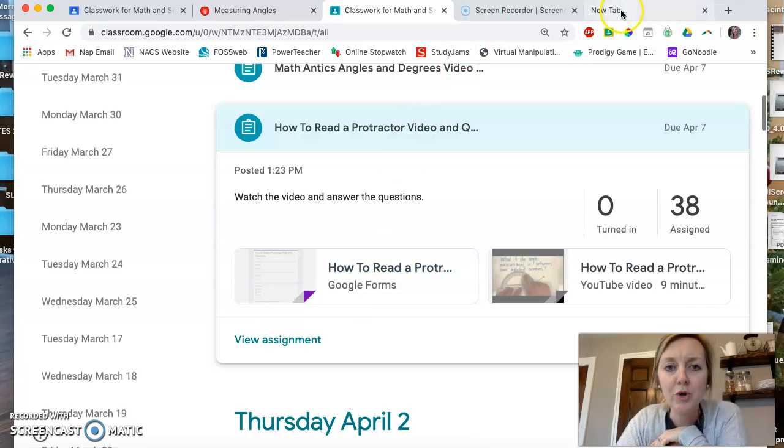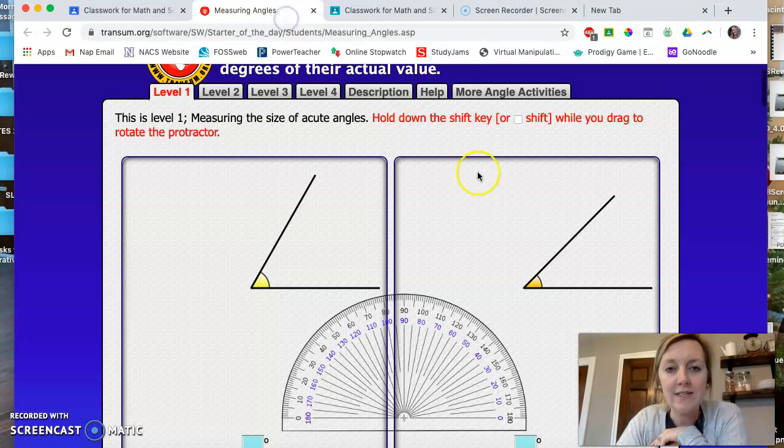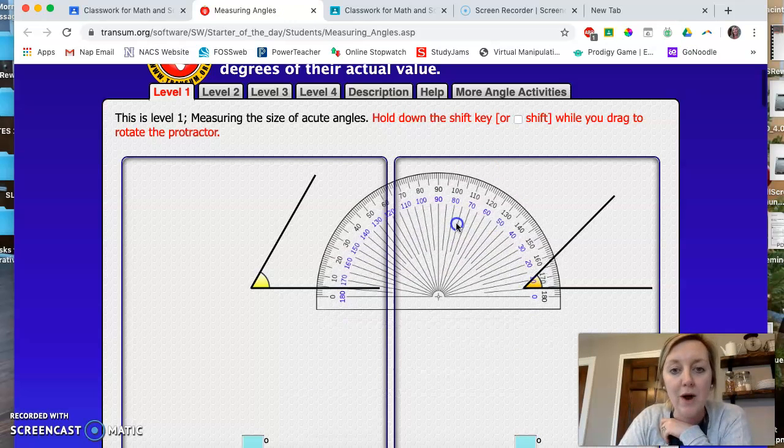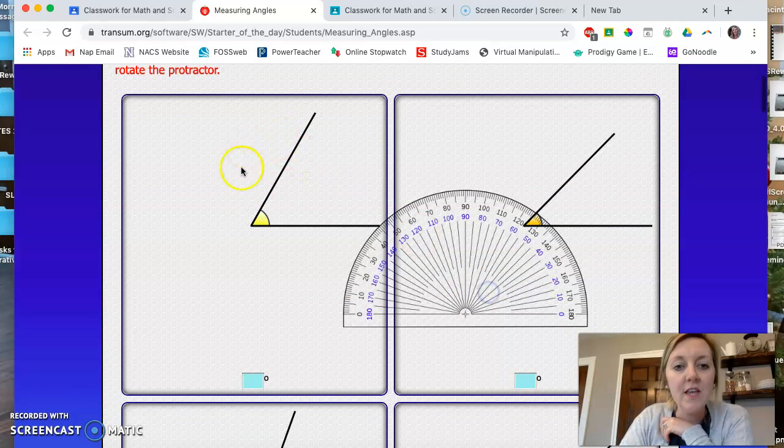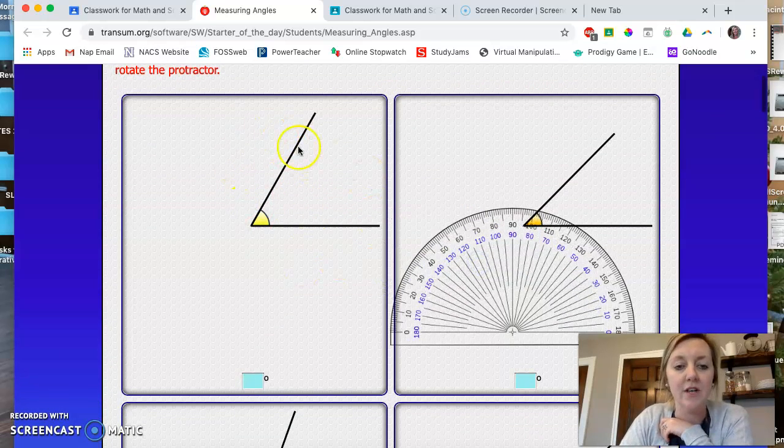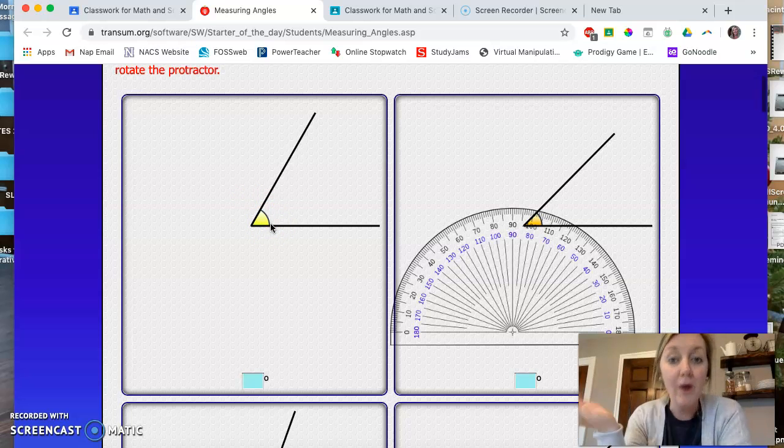So I am going to show you a website that I'm going to take you to possibly on Monday or Tuesday of next week, where they give you a protractor to use on the screen to then measure the angles. So the first thing you want to look at this angle is you want to ask yourself, is this acute, right, or obtuse? And right here you can see that the mouth is very tiny, so we would call this an acute angle. It's greater than 0, but less than 90 degrees.